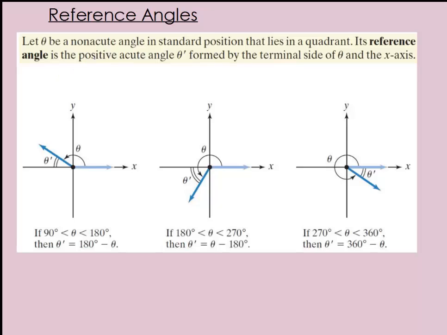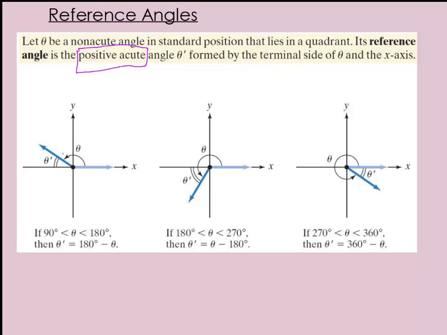Here's a big vocabulary word: reference angles. A reference angle is a positive acute angle formed by the terminal side of theta and the x-axis. It's basically the leftover angle that takes you from the terminal side to the x-axis.